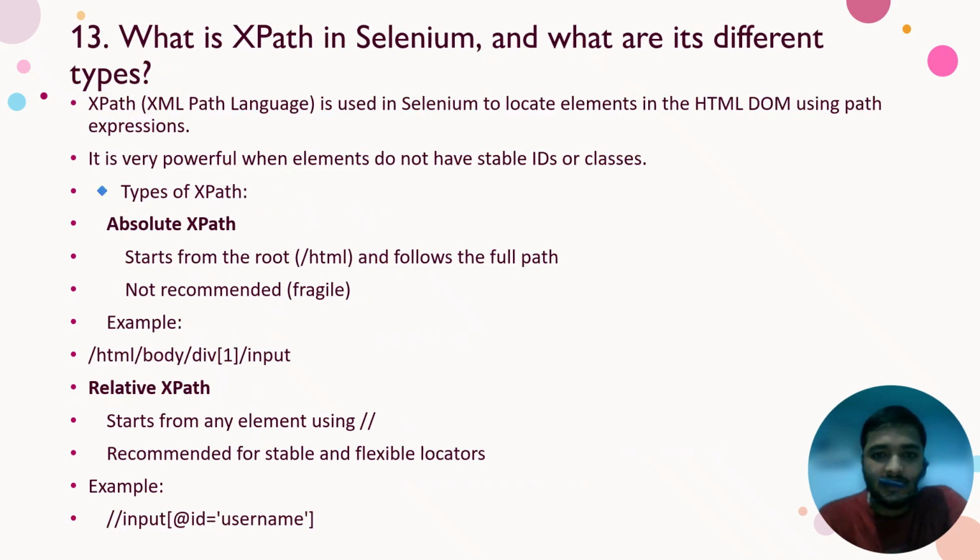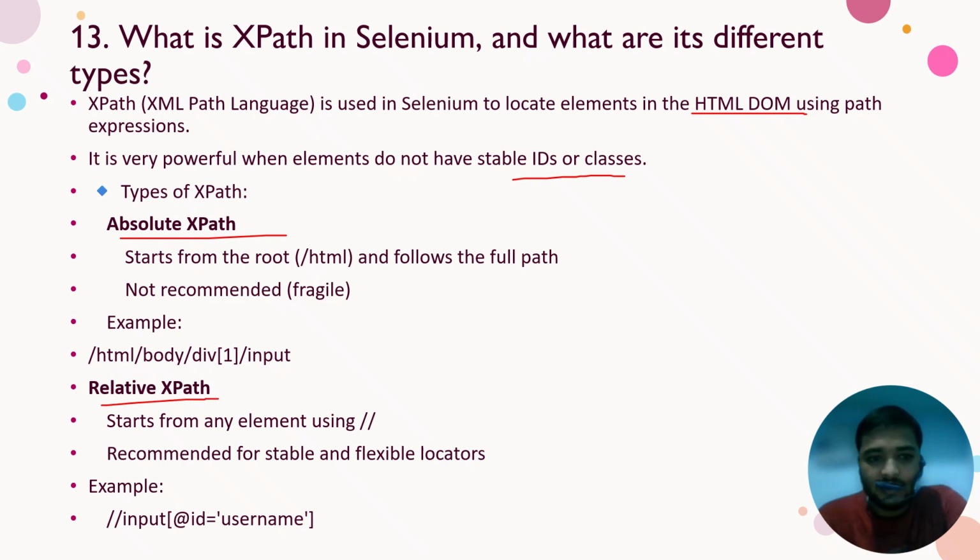What is XPath in Selenium and what are the different types? XPath is a language used in Selenium to locate elements in an HTML DOM using path expressions. It is very powerful when elements do not have stable IDs or classes. Types of XPath: first is absolute and second is relative.